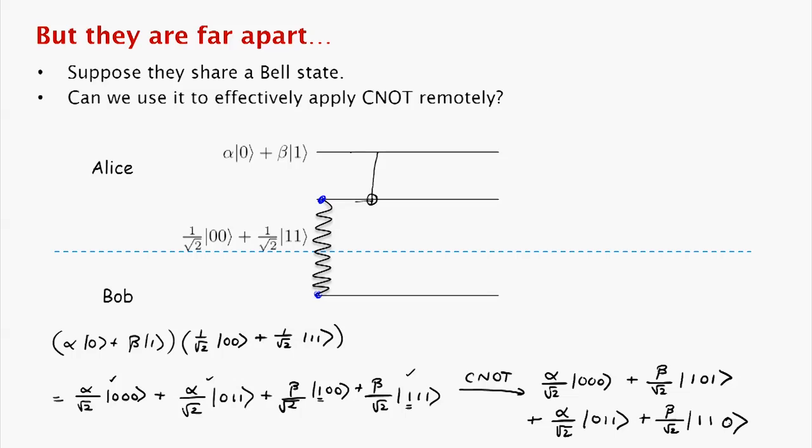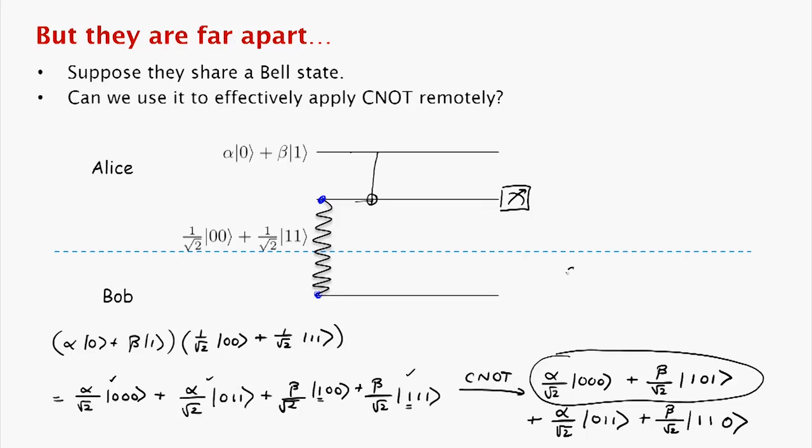So now, what do we plan to do? Well, what happens if Alice now measures the second qubit, the middle qubit? If she measures the middle qubit, either she gets outcome 0, which happens in this case. And if she sees the outcome 0, what's the state of the first and the third qubit? It's alpha 00 plus beta 11.